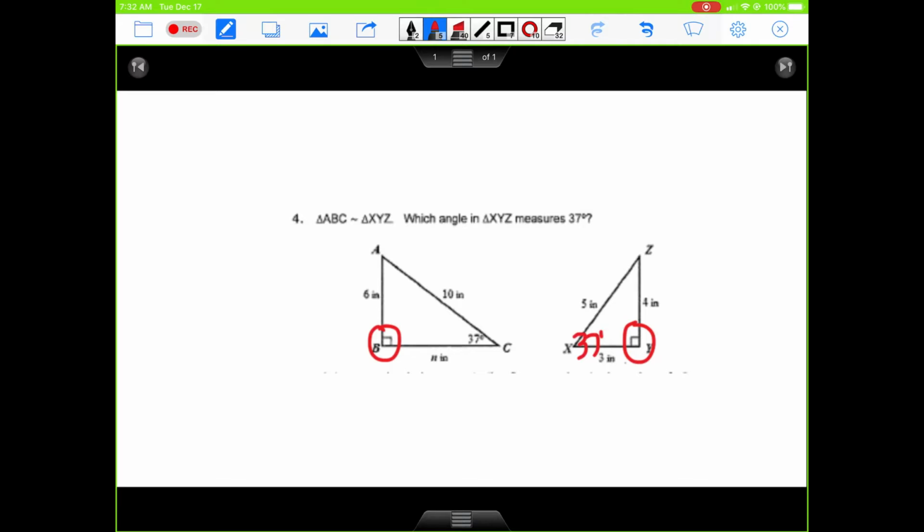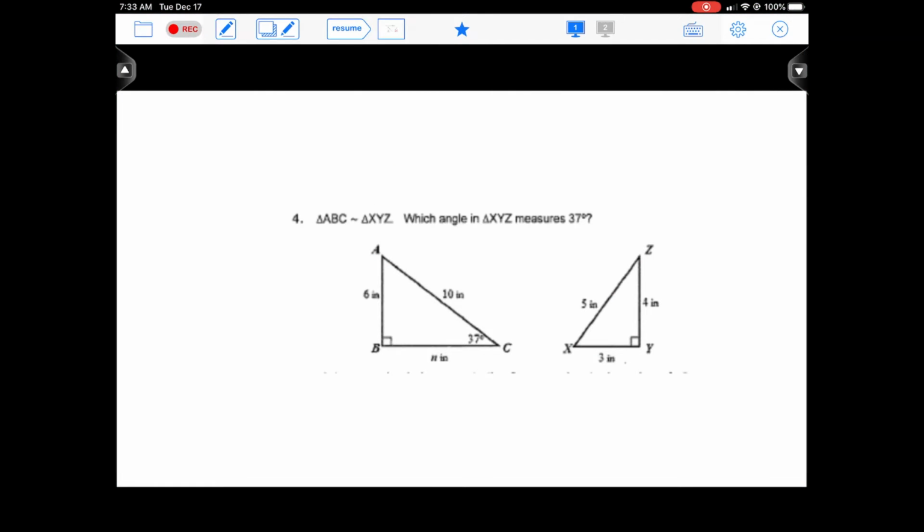So that means this is the angle that measures 37 degrees in triangle XYZ. And remember, in order for figures to be similar, they are the same shape but different sizes, and the angles are congruent. The angles are equal, and the sides are proportionate.